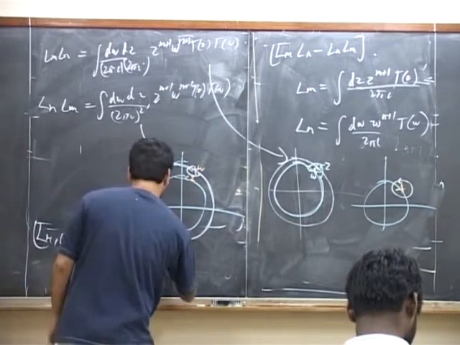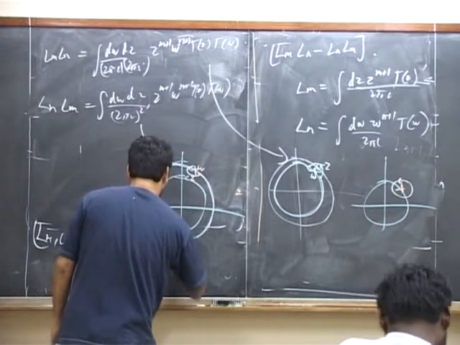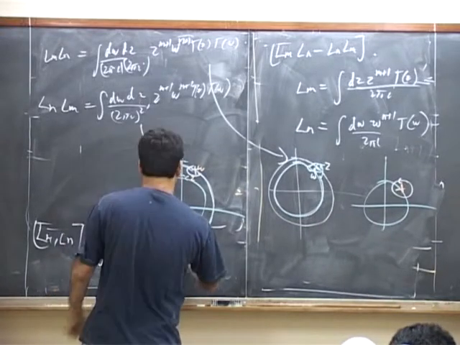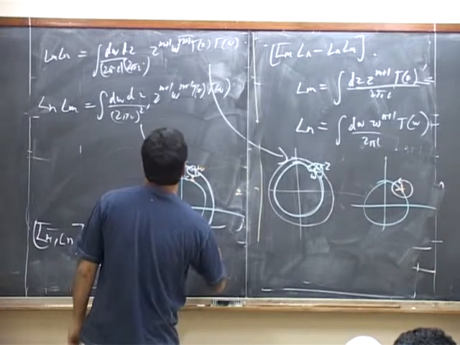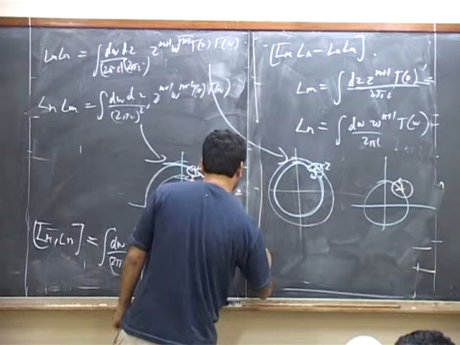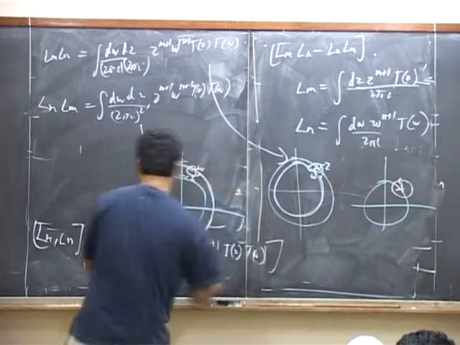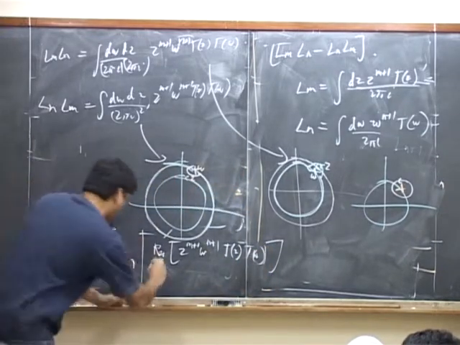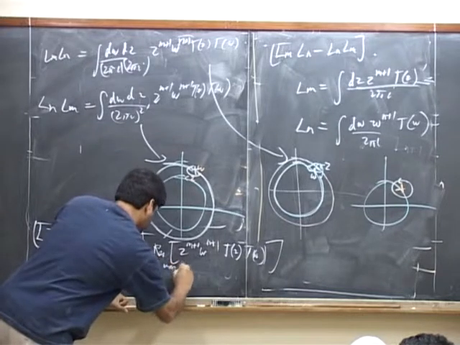So it's just the residue of the pole of z to the power m plus 1 w to the power n plus 1 T of z T of w. So it's the residue of the pole in variable z at w.